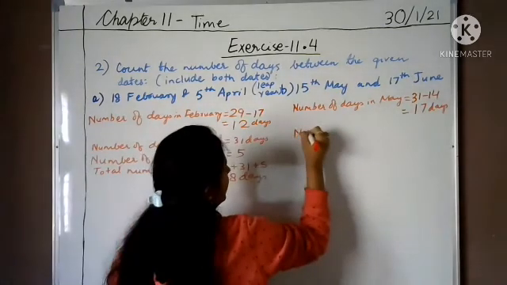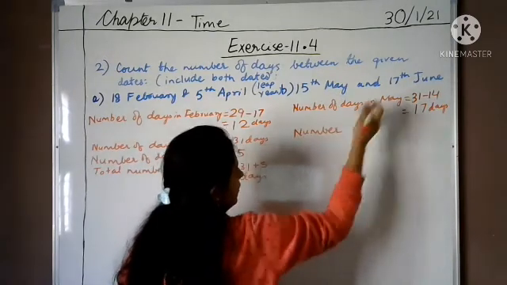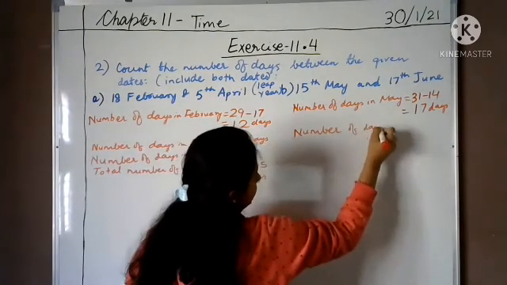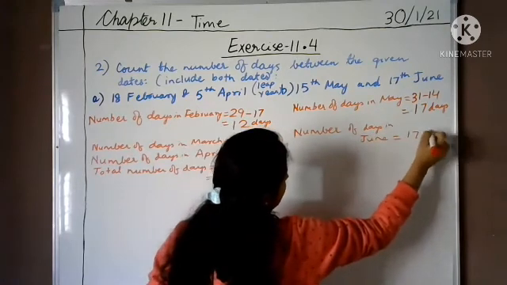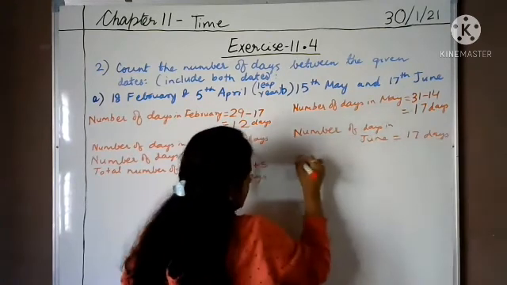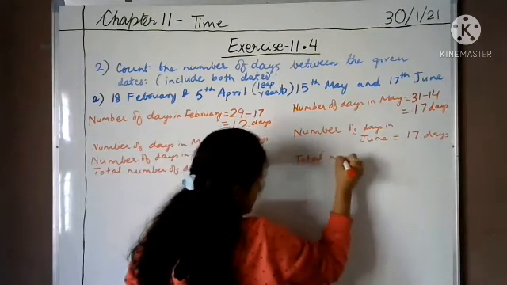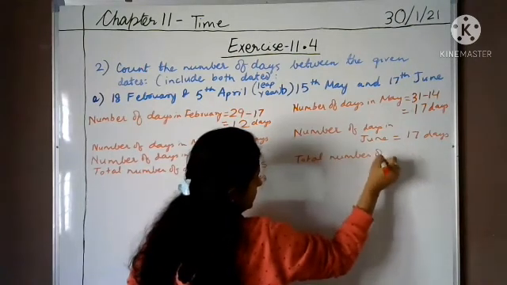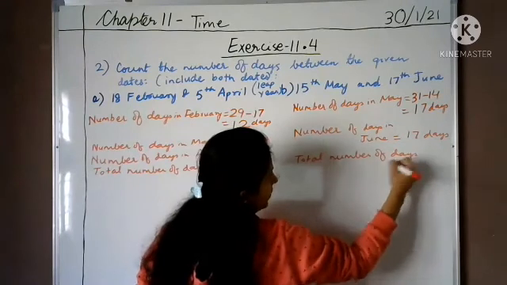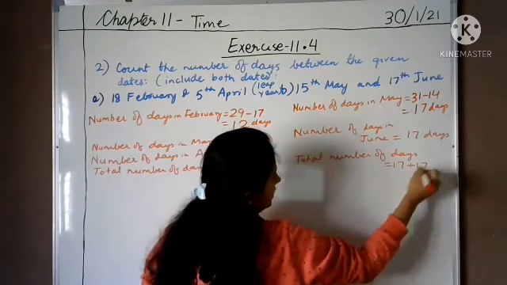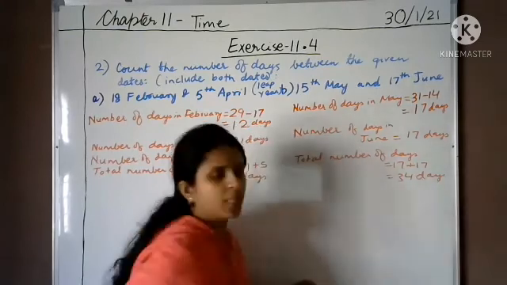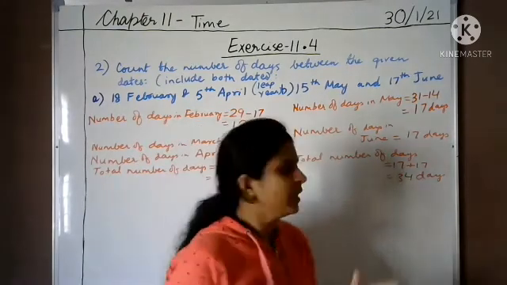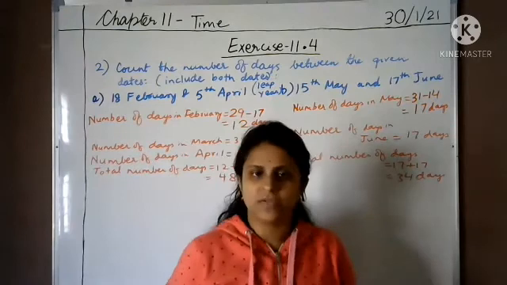Next, number of days in June. जून ही लेना है हमें. 17 days. So total number of days, 17 plus 17 is equal to 34 days.